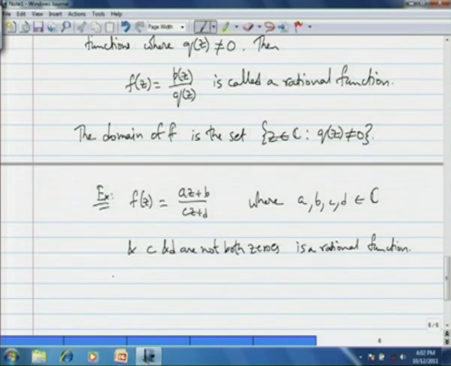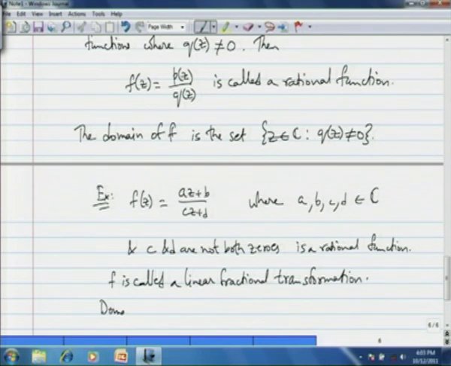So, this is called, so let me say that f is called linear fractional transformation. Okay.